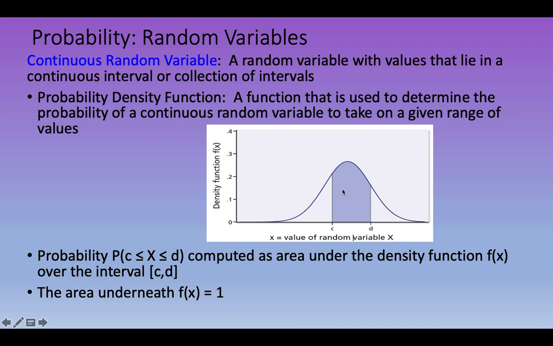Whenever we're doing probability, we're actually applying calculus, not that we think about it that way. So if I add up this area, this is the probability space, the set of outcomes associated with getting a random variable between C and D.